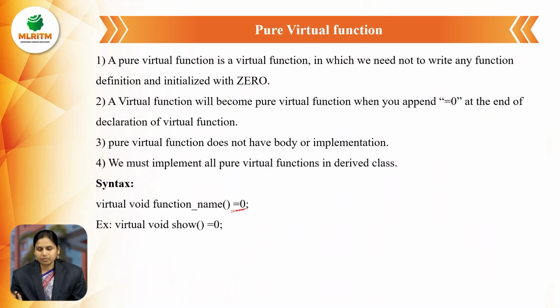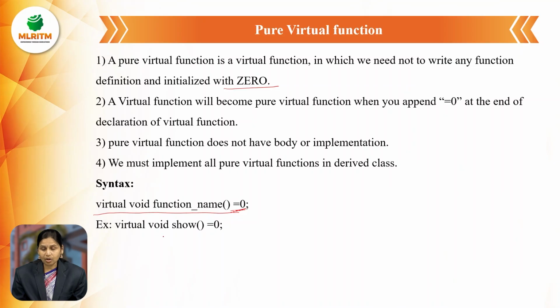So what is a pure virtual function? If a virtual function's value is equal to 0, then that virtual function is called a pure virtual function. A pure virtual function is a virtual function for which we need not write any function definition, and it is initialized with 0. We just declare the function name with the keyword virtual, and set it equal to 0.